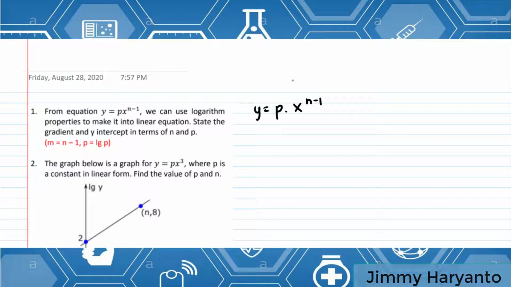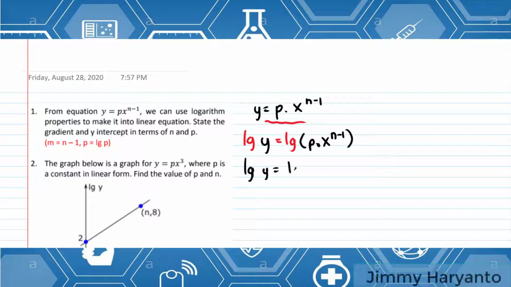Okay, first we have to change this original equation into y equals to mx plus c. How to do that? We can use LG in the right side and LG in the left side. Yeah, so LGY equals to LG in the bracket p times x to the power of n minus 1. Okay, and then we can use the properties of logarithm for this one.